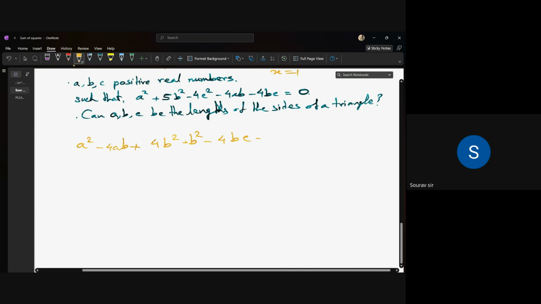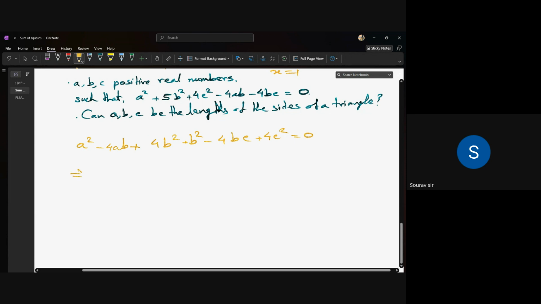Then, sorry, there is a typo in the question. We will have plus here. Okay, sorry for that. So then we are getting plus 4c square equals 0.